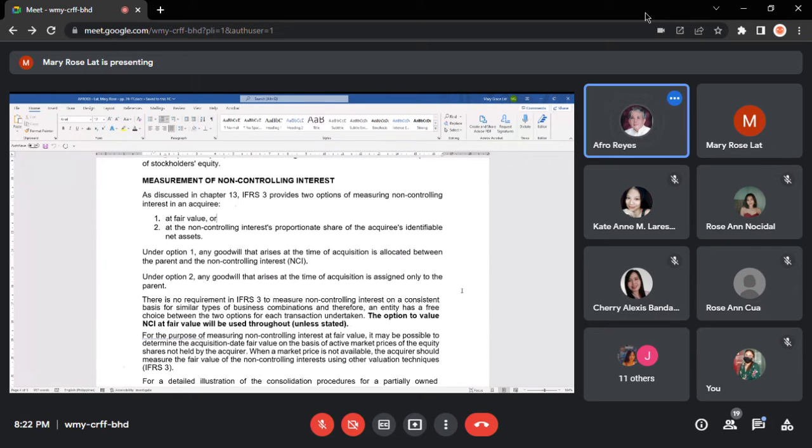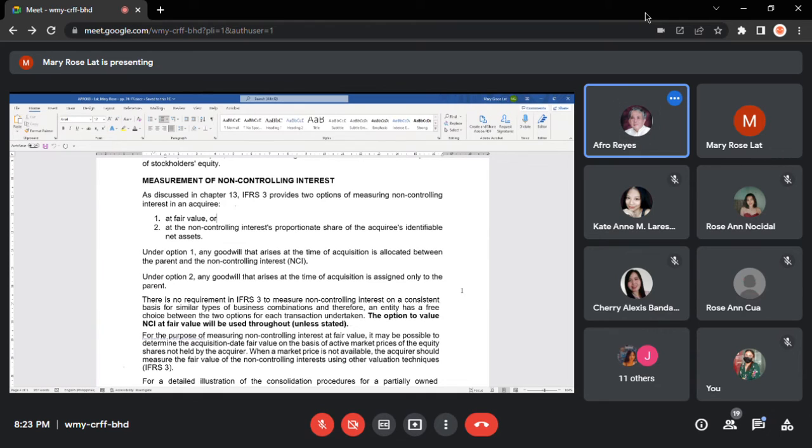Now, in practice, nasa discretion yan ng acquirer at acquiree kung anong gagamitin. Silang bahalang mag-agree.